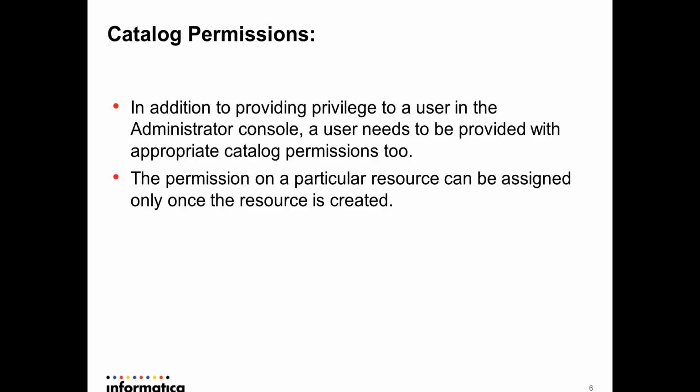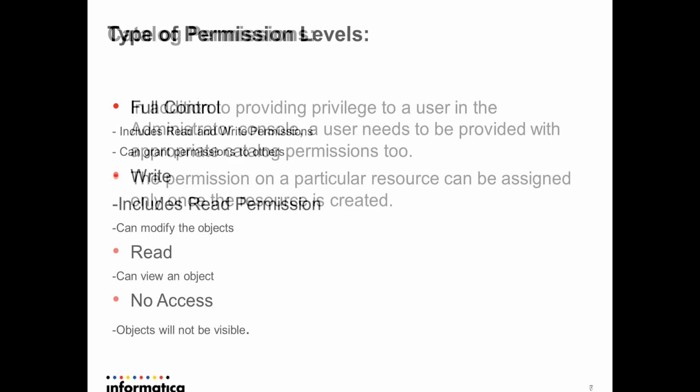So for example, a user may have a basic user role but cannot actually view anything in the repository because she lacks permissions on all the resources. So specifically, once a user has been created and once a particular resource has been created, that basic user will need to be provided with permissions to view that catalog object.